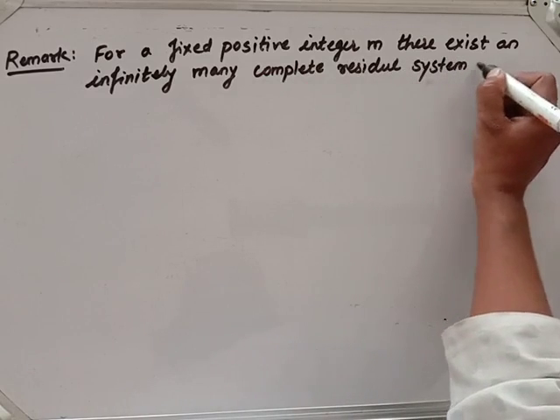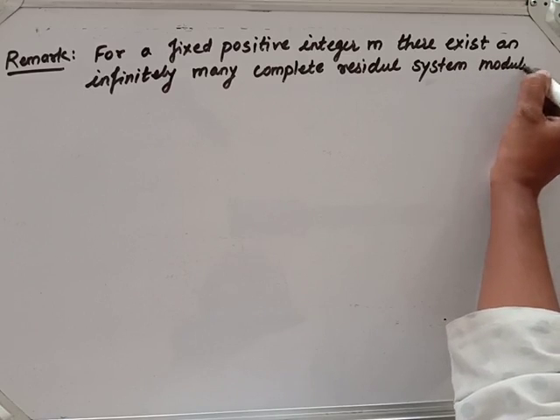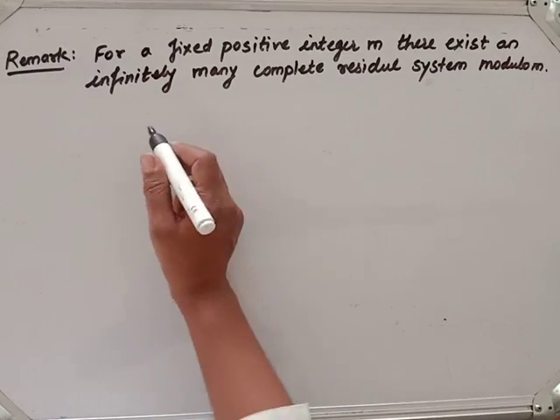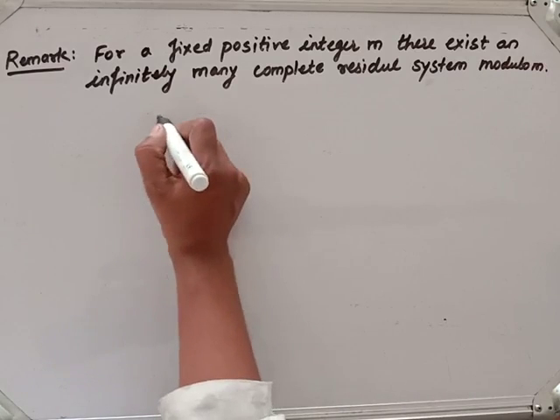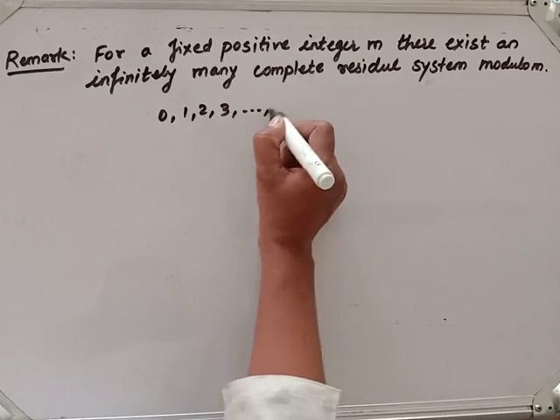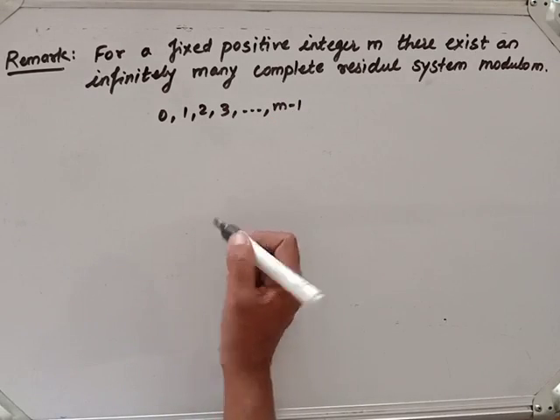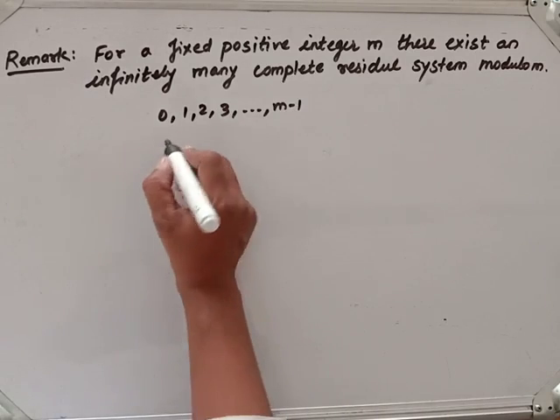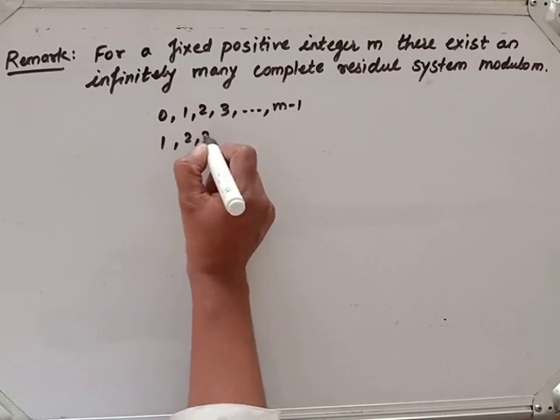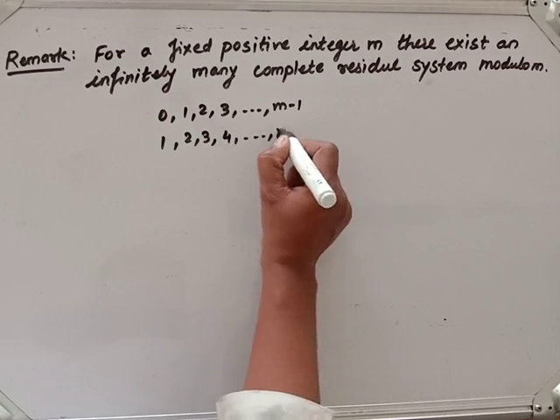There are infinitely many complete residue systems modulo m. Now as m is any number, I can say 0, 1, 2, 3 up to m minus 1. This is also a complete residue system modulo m, as we have just seen. Now I can take 1, 2, 3, 4 and so on till m.